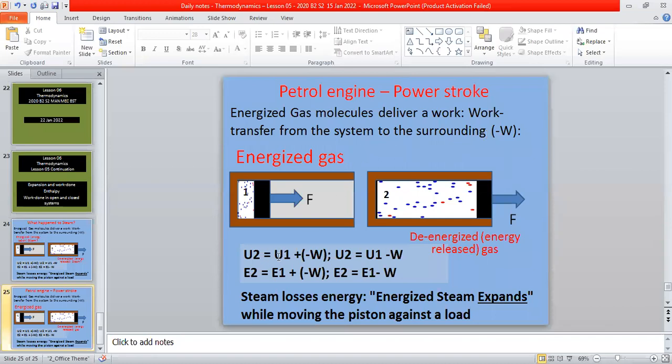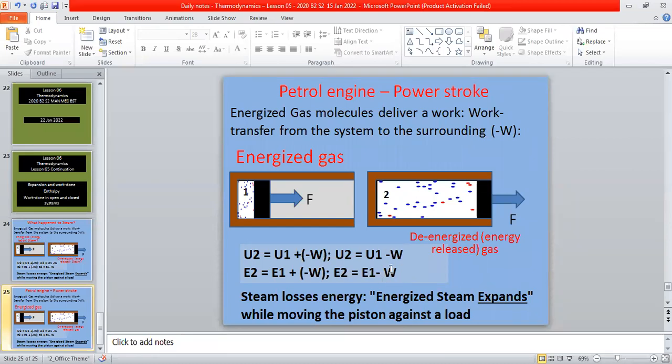Internal energy initially is U1 at state 1. At state 2, it is U2. U2 becomes the internal energy U1 minus the work delivered to the outside, where W is the work done.